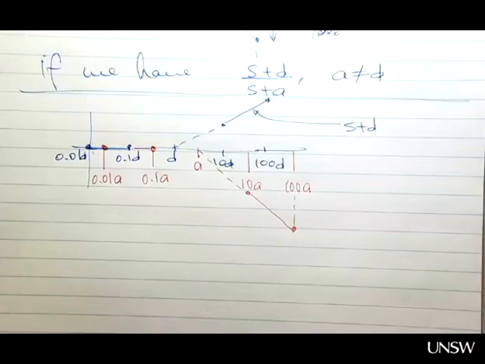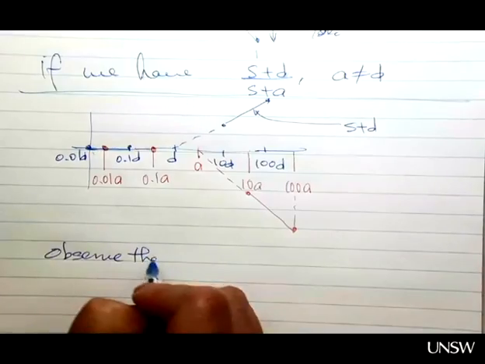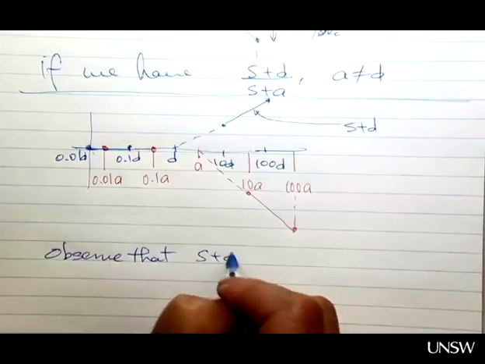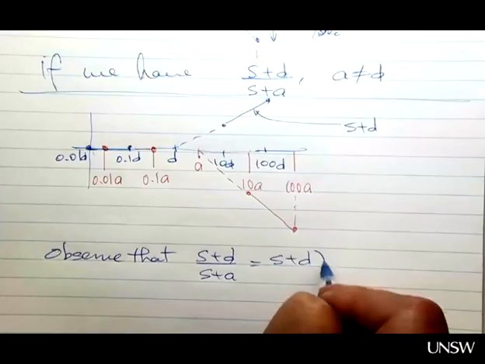So we observe that s plus d, s plus a, we can put it this way: it is multiplied with s plus a.